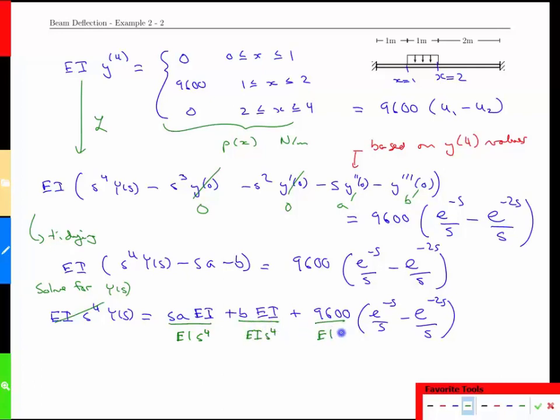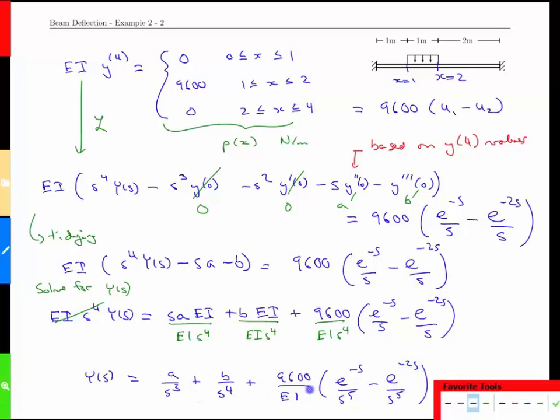And what that gives us, if we tidy up one last stage, canceling some s's, is a over s cubed plus b over s to the 4 plus 9600 over EI, e to the negative s over s to the 5, minus e to the negative 2s over s to the 5. And this is something we can find the inverse transform of. We'll complete that on the next page.